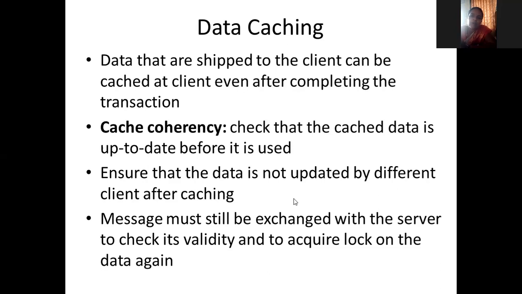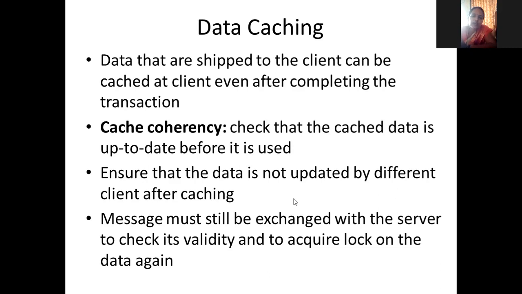Again, you can perform a transaction on the same accounts: deduct 200 rupees from B and send it to A. When you access the data from the cache, as I said, once a transaction is performed, the data is stored in the client-side cache. So data is stored in that cache, but before using that data, check whether the cached data is up to date or not.